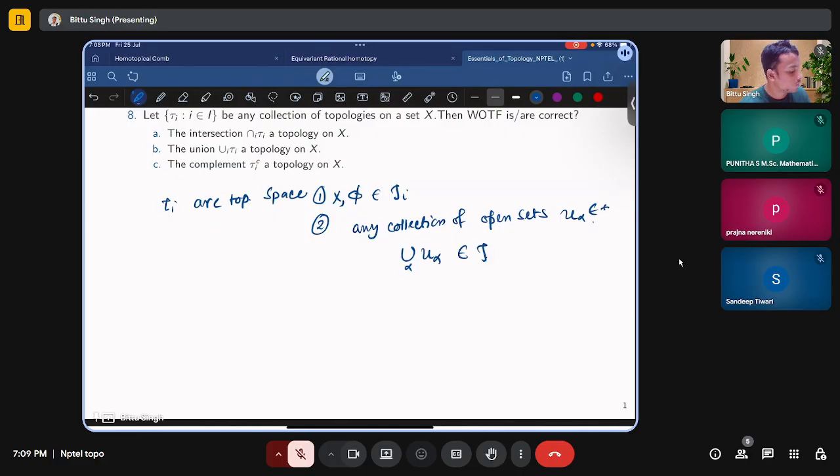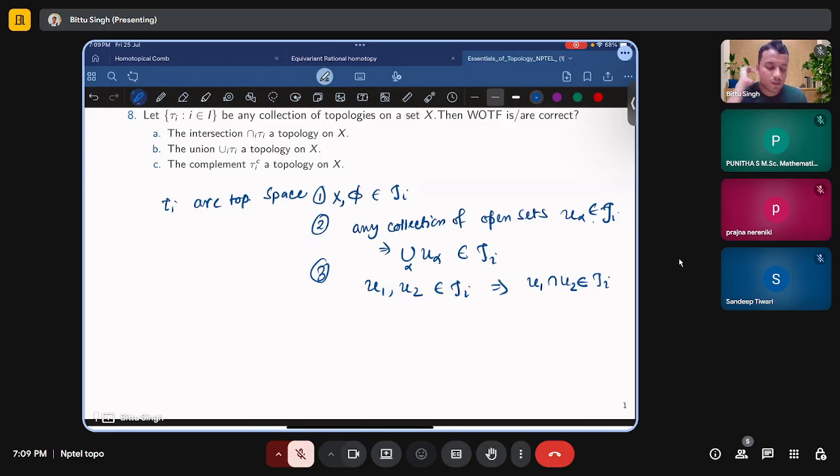So if U alpha belongs to tau I, then their union should be there. And the third one is that for two open sets U1, U2 belonging to tau I, this implies that their intersection should also be there. So tau I satisfy those properties.